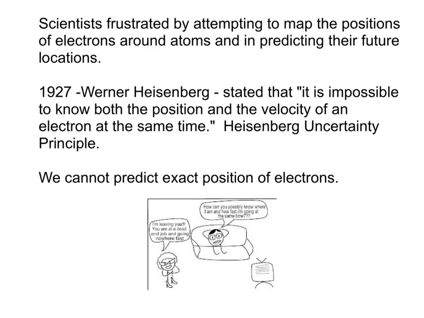The real advances in our modern model of the atom came when scientists were trying to explain the energy level concept that Bohr had, and trying to figure out a way to map where the electrons that had different energies would be located around the atom, and then attempting to predict, if it's here now, where is its future location.